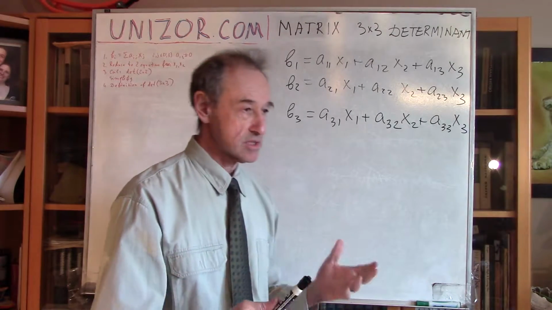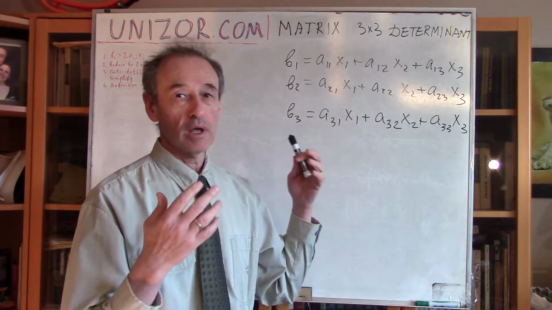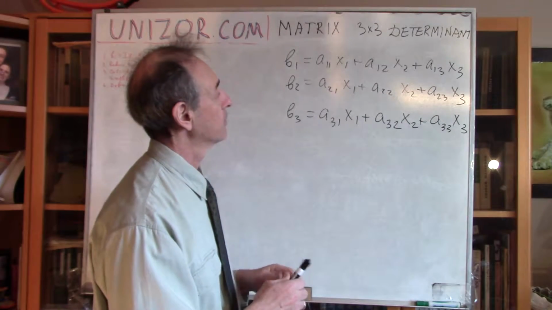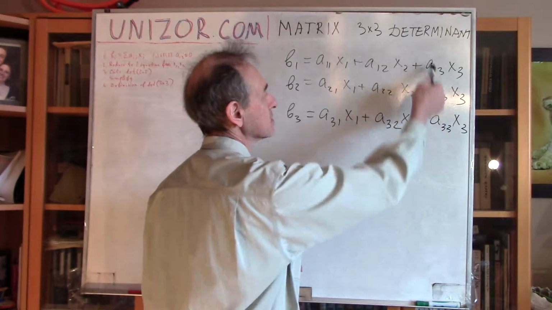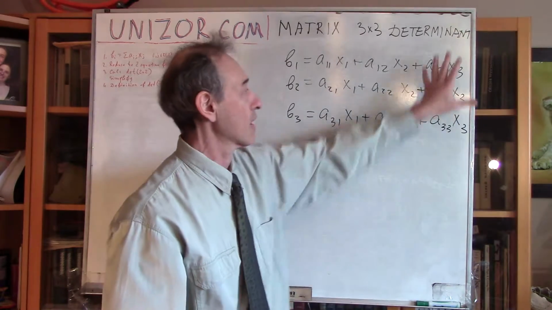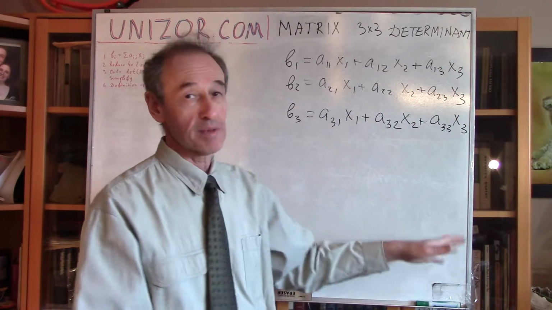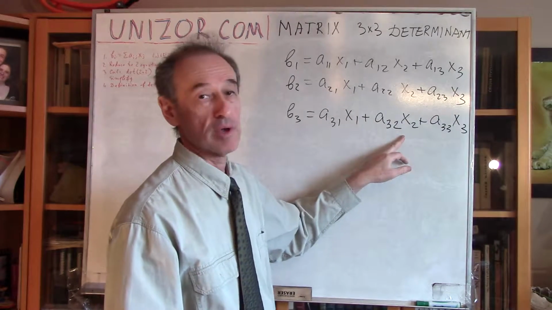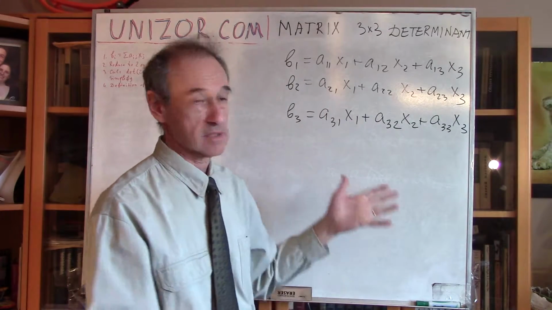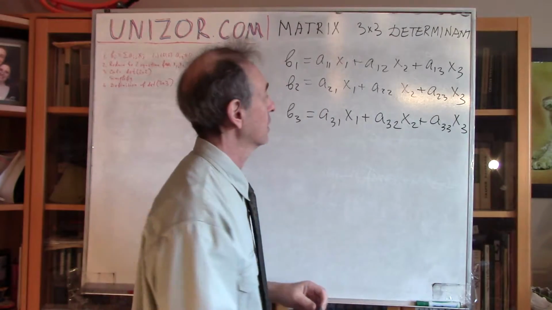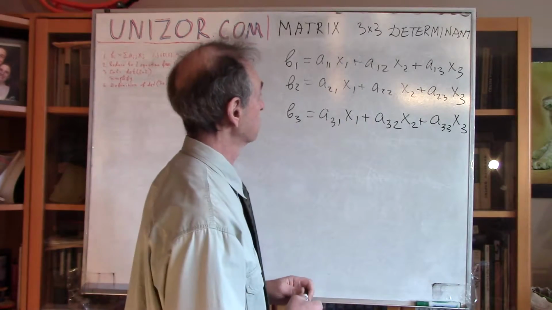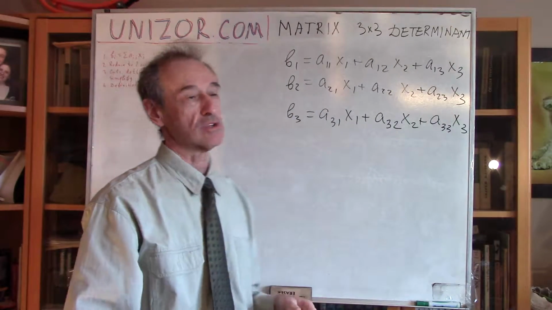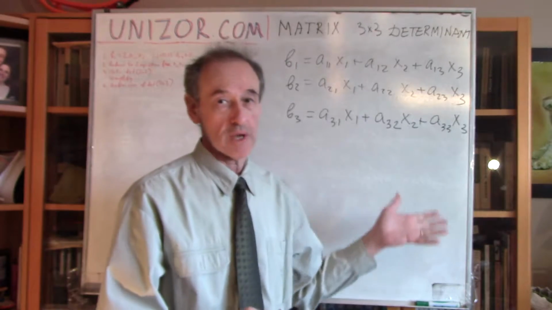Well, first of all, let me just assume that this is a true system of 3 equations with 3 coordinates. Now, for this, I need at least one of these coefficients not to be equal to 0, because if they're all equal to 0, then it's definitely a bad system, because it has 3 equations with only 2 variables, and it either doesn't have any solutions, or it has some infinite number of solutions, or one of the equations is basically a linear combination of the 2 other equations, which means we still have a 2-dimensional case.